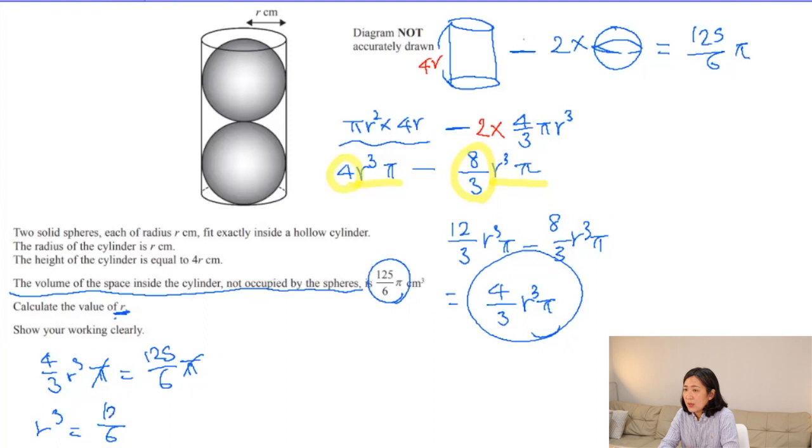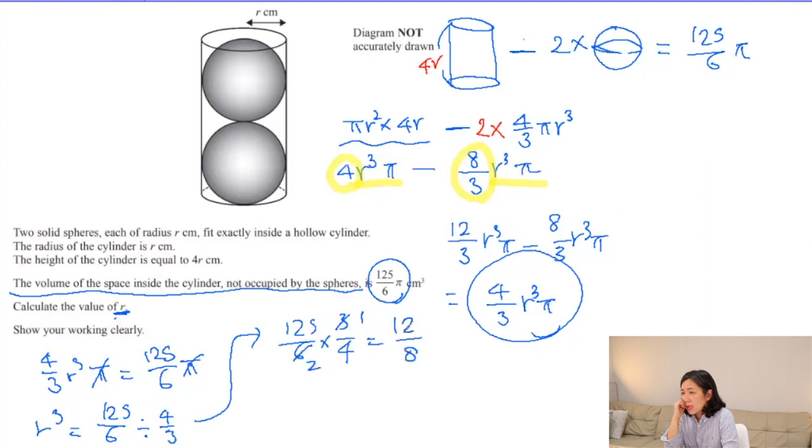Let's simplify by dividing by pi. Now r cubed is 125 over 6 divided by 4/3. If you times by 3/4, I can cancel, divide by 3, then 2, and that's 8, right? So r cubed will be 125 over 8.